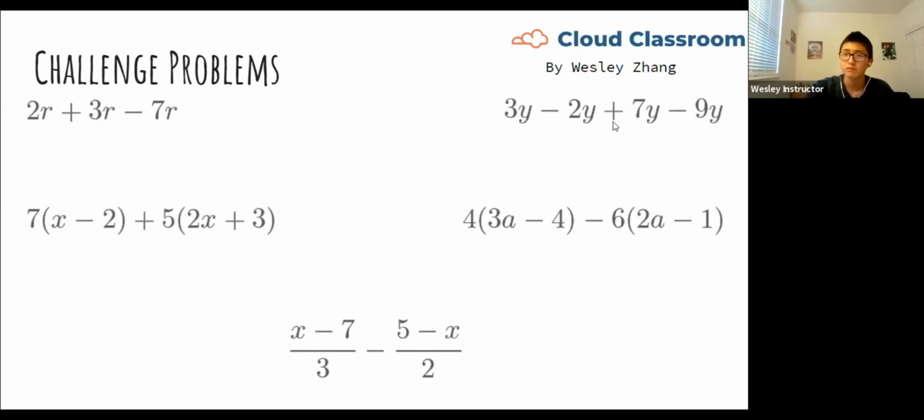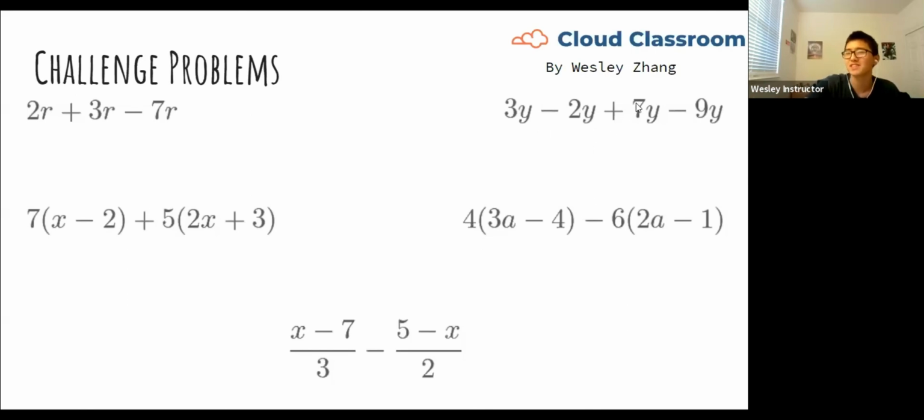3y minus 2y plus 7y minus 9y. Again, all the same variables. So 3y minus 2y, that's y. y plus 7y, that's 8y. When it's just a variable such as y, note that there's an invisible 1. So 1y and y are the same thing.